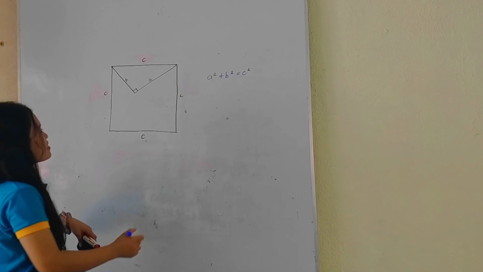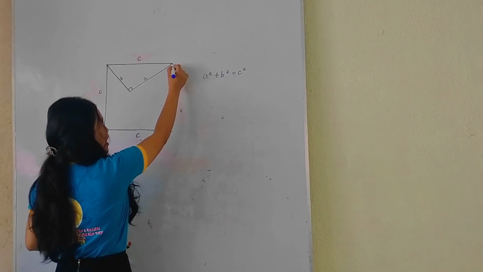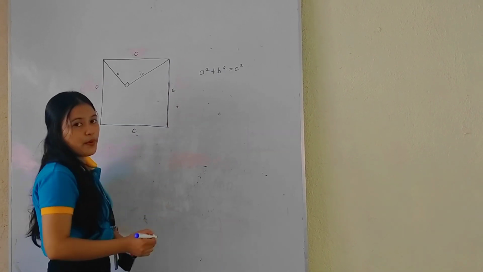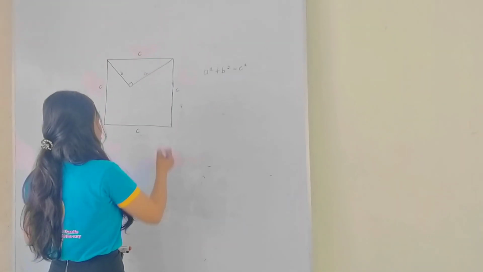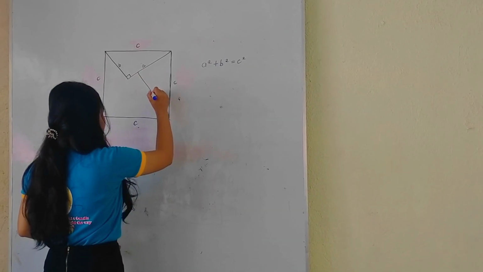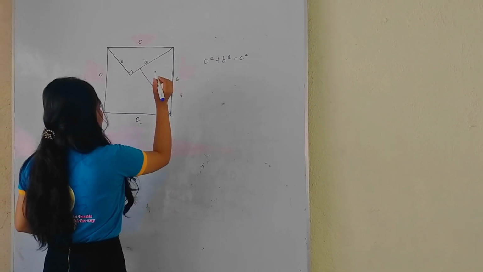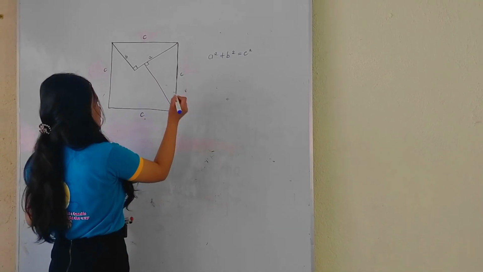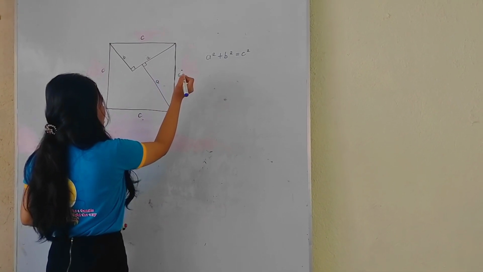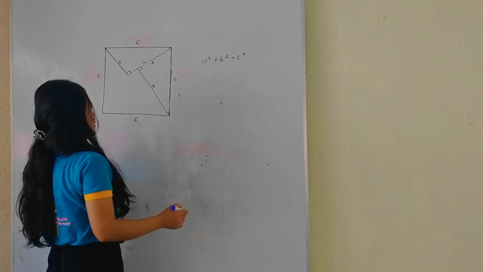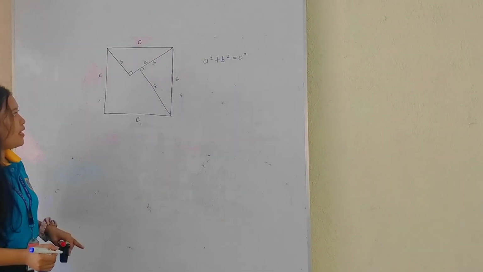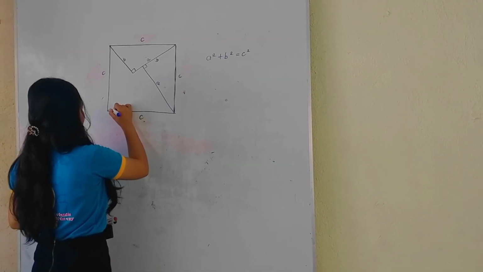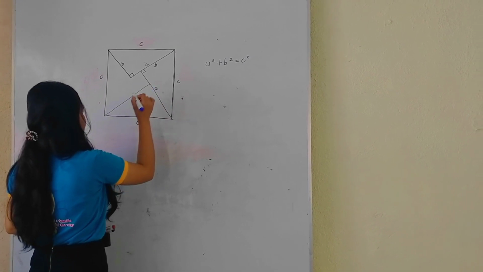As this is a square, this side is C, and we will complete the right triangle. So here, this is a right triangle with a base A and B units. In a similar way, let us construct a right triangle here.